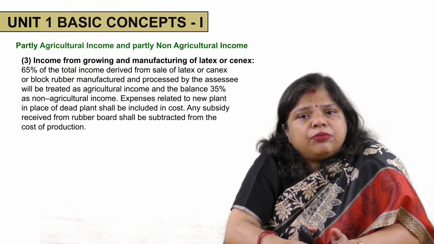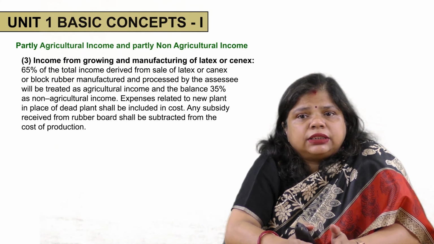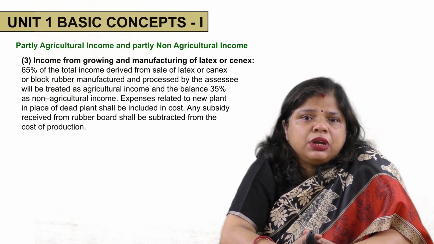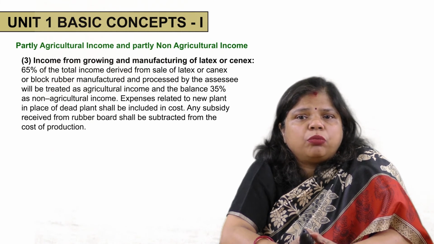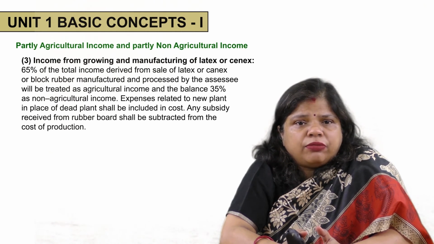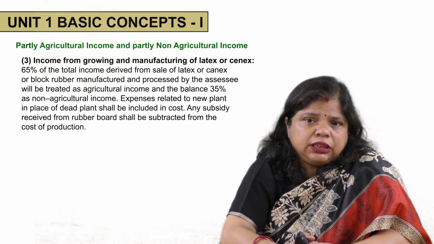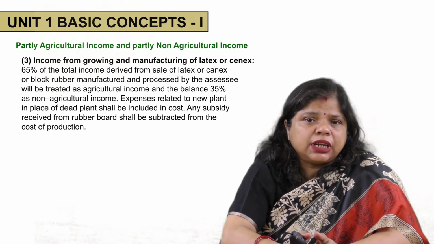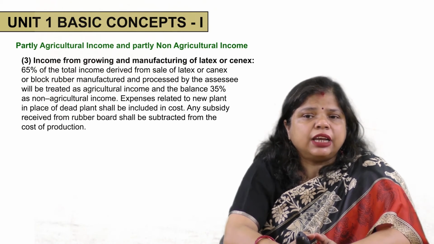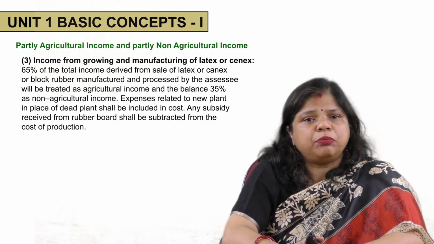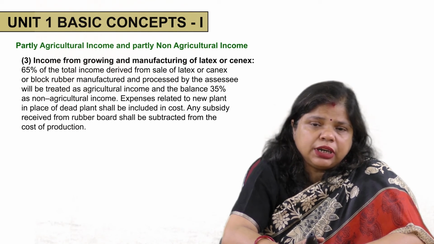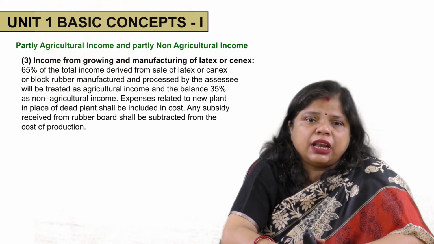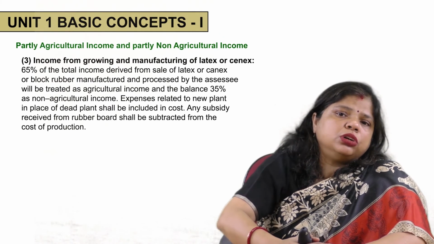Thirdly, income from growing and manufacturing of rubber. 65% of total income derived from sale of latex or sheet or block rubber manufactured or processed by the assessee will be treated as agricultural income and the balance 35% as non-agricultural income. Expenses related to new plant in place of dead plant shall be included in the cost. Any subsidy received from rubber board shall be subtracted from the cost of production.